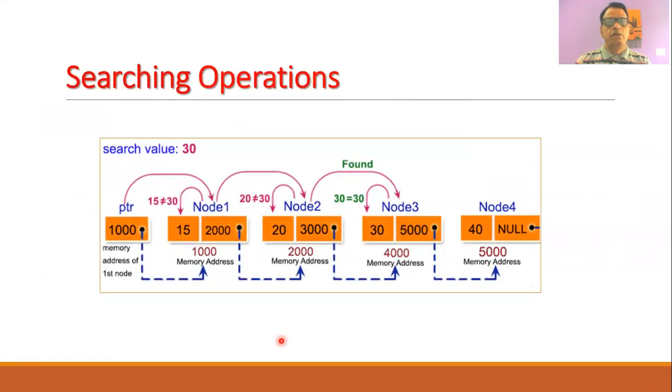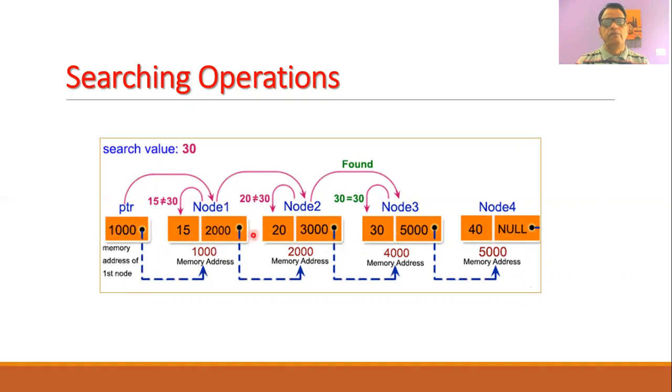So for example, we have been given a linked list as shown in this diagram. Suppose the initial start pointer will point to the first node in the linked list. The value of the first node is 15, and suppose our search value is 30. Now when we compare 15 and 30, one can easily find that the two values do not match, and therefore we will go to the next element.